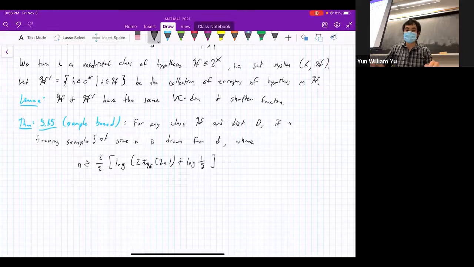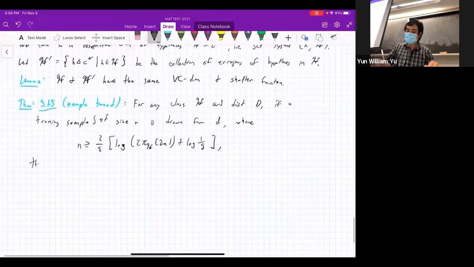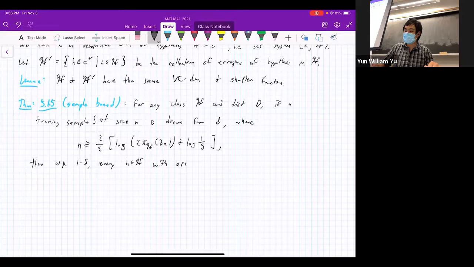We should recognize this from the theorem we just proved. Then with probability 1 minus delta, every h in H with training error sub S of h equal to 0 has true error less than epsilon.